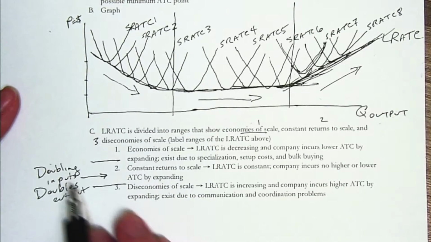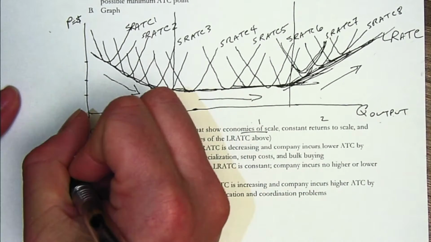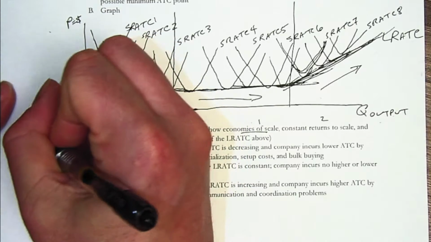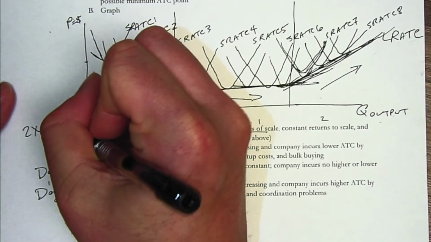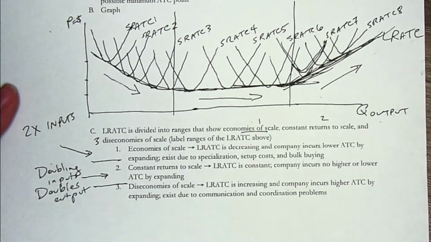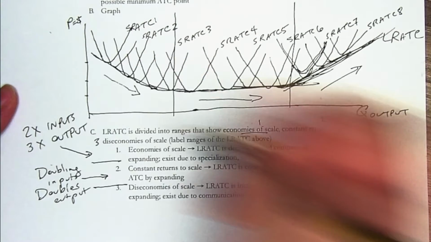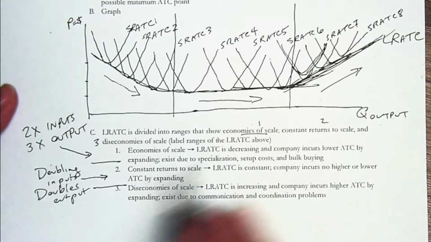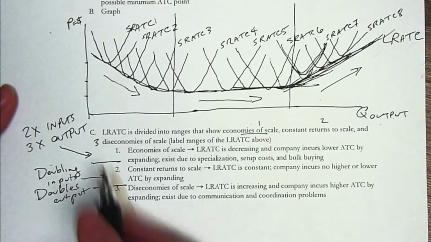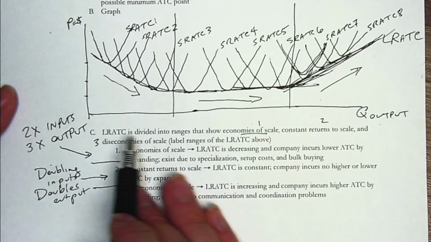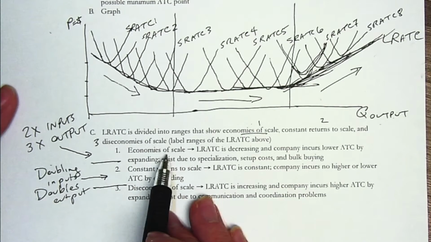So if you double inputs, you double outputs. Now with this one here, with economies of scale, if you doubled the inputs, you might get 3 times the output, because you're actually decreasing the average cost of producing. That's another way to say this. So double the inputs, you get 3 times the output with the economies of scale.